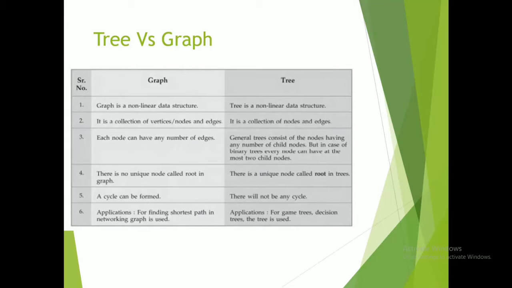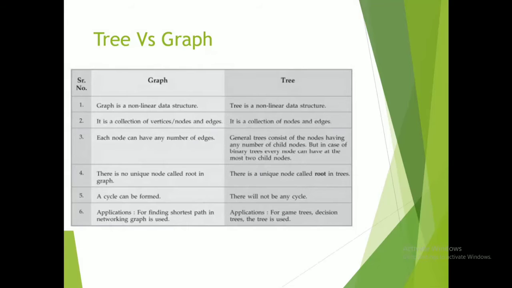A tree is a collection of nodes and edges. In a graph, each node can have any number of edges. In a tree, a general tree consists of nodes having any number of child nodes, but in case of a binary tree, every node can have at most 2 child nodes.